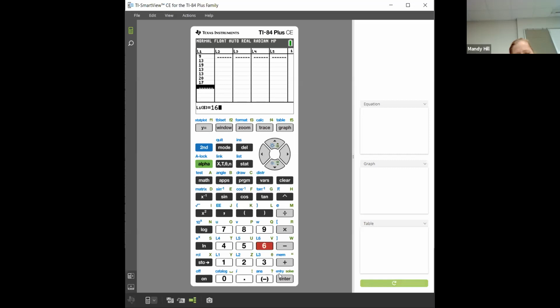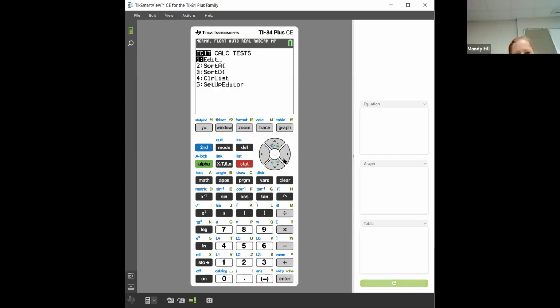I always go back and kind of eyeball it and make sure that I've got the right numbers typed in because if anybody can mess that up, it would be me. But it looks like we're good here. So we want to hit stat. We want to go over to calc. Okay, we want to hit enter. We did type everything in list 1.